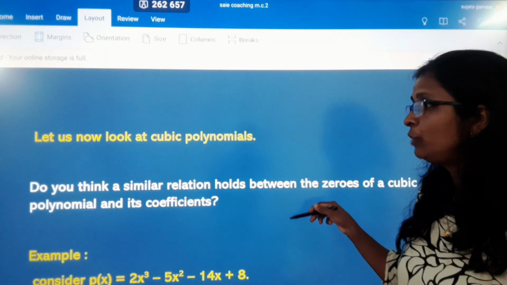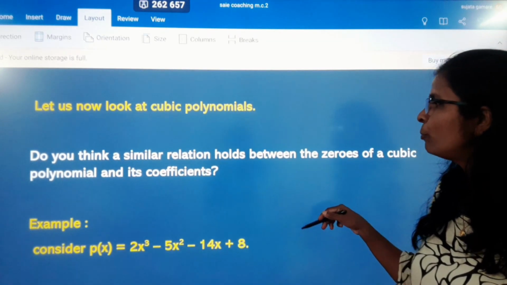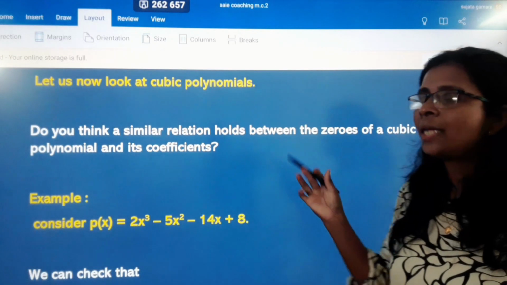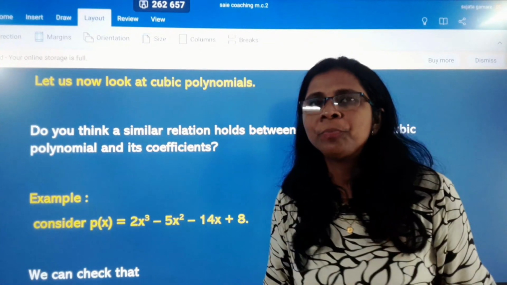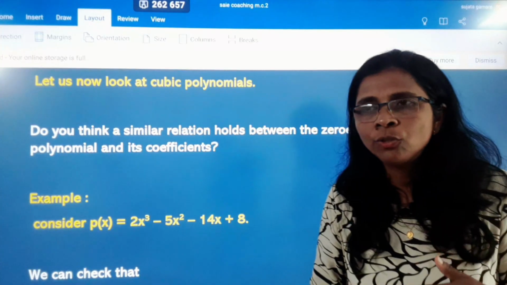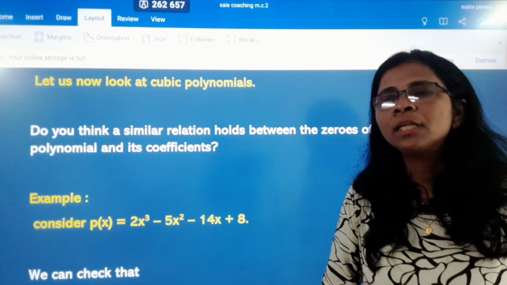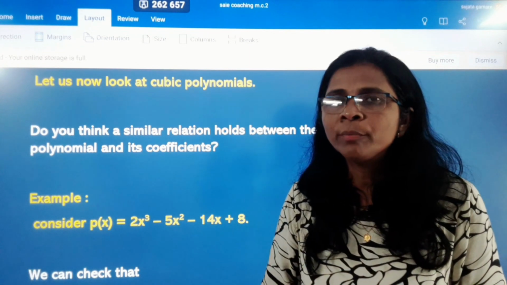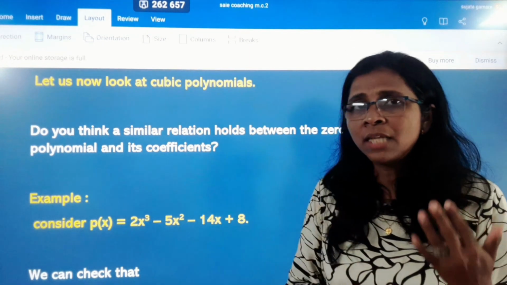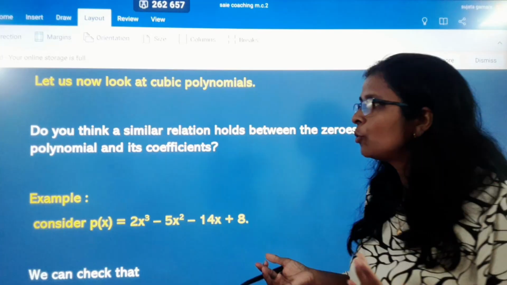Let us think about the cubic polynomial. As earlier in the quadratic, there is a relationship between the zeros of the polynomial and the coefficients of the polynomial. That is the same in the cubic polynomial.